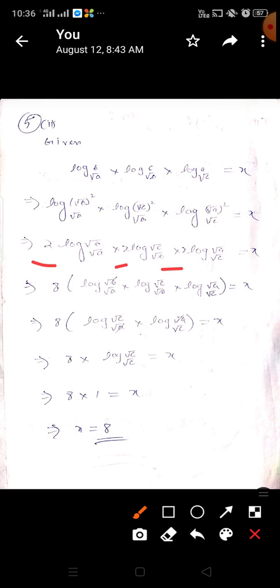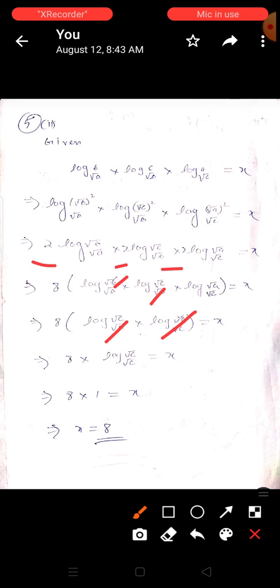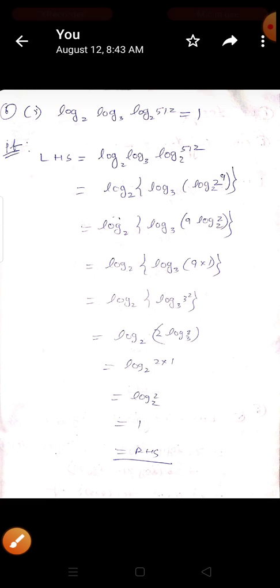Log of b base root a into log of root c base root b into log of root a base root c. Then root b cancels, log of root c base root a into log of root a base root c. Root a cancels, log of root c base root c, which is equal to 1. Therefore x equals 8 into 1, which is 8.